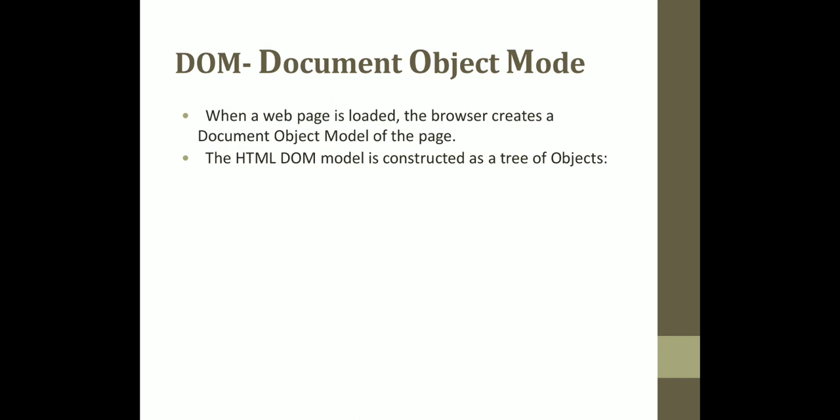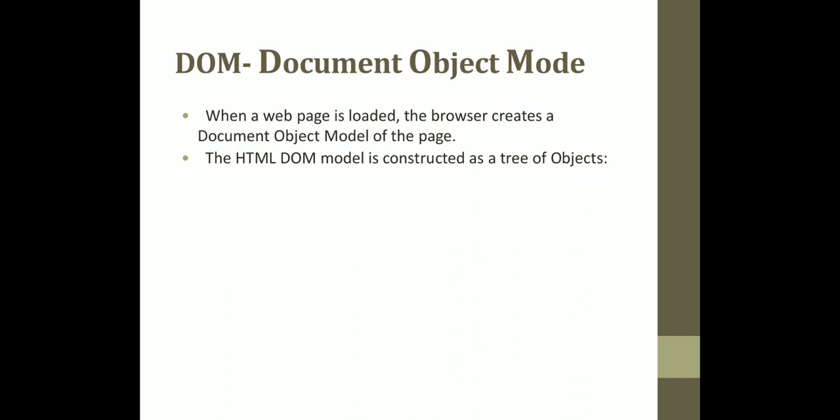So whenever a web page is loaded, okay, it might be on any browser, the document object model, that is DOM, is created. So what this document object model actually is: if any document contains elements, it is constructed as a tree of objects.